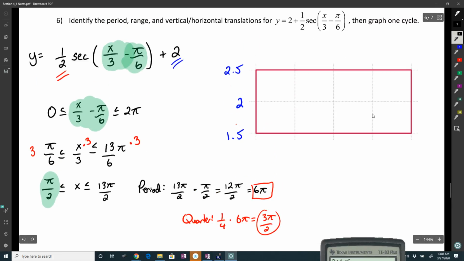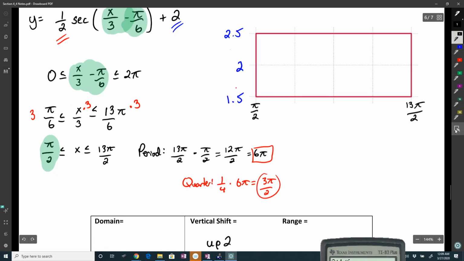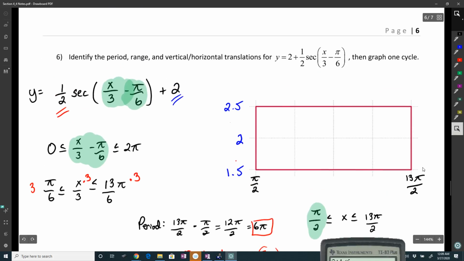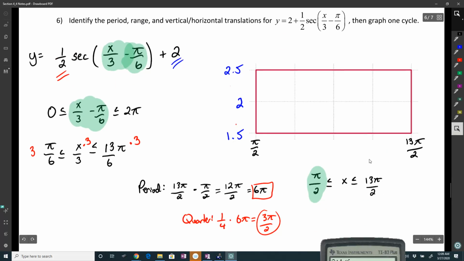All right, so if this is pi over 2 over here, and this is 13 pi over 2, remember these are the edges. Okay, so that's where that comes from. And then each tick mark is going to be 3 pi over 2. So 3 pi over 2 puts us at 2 pi.